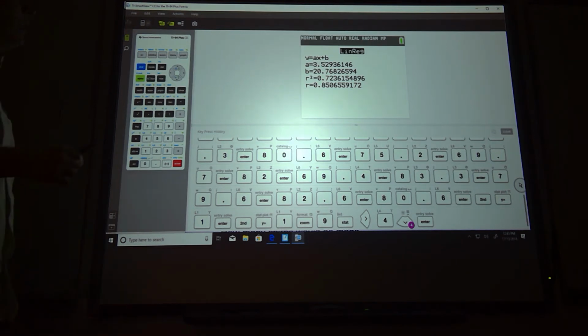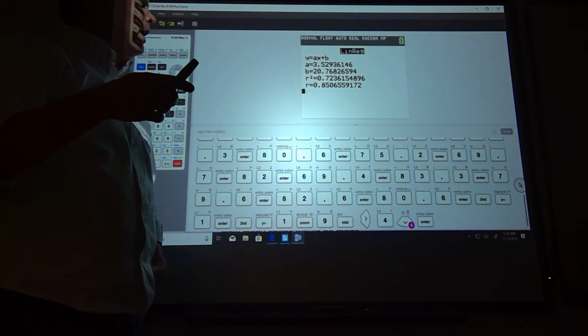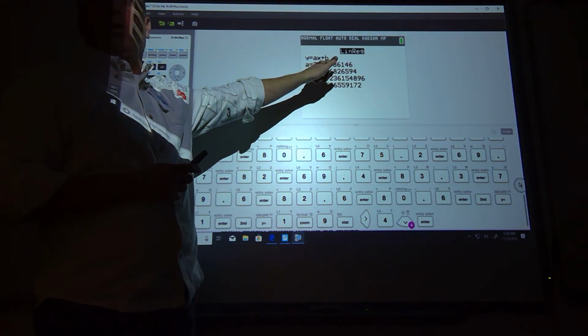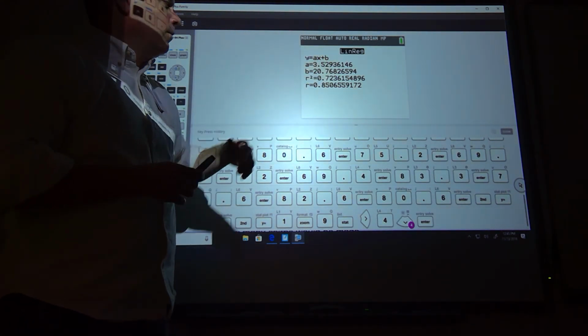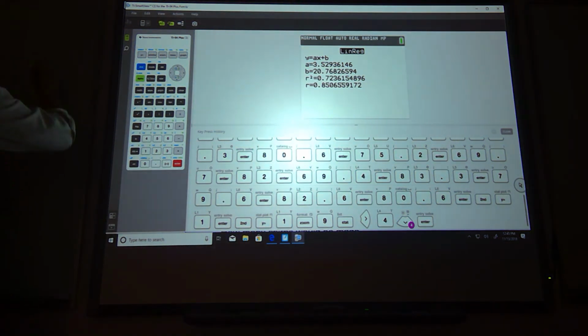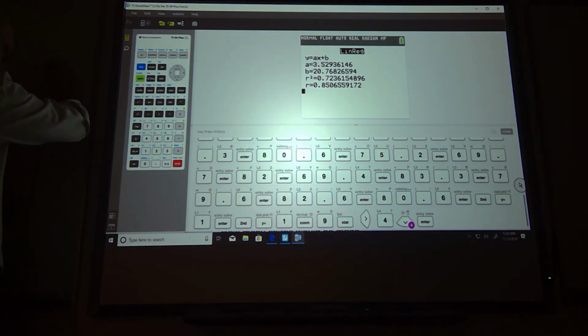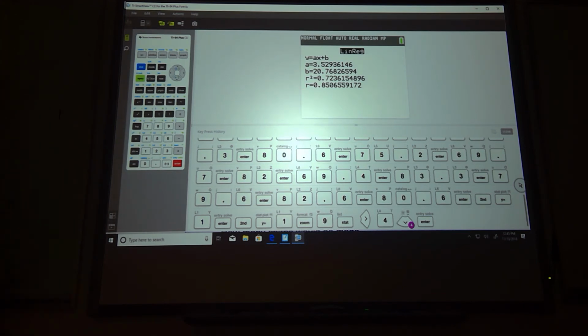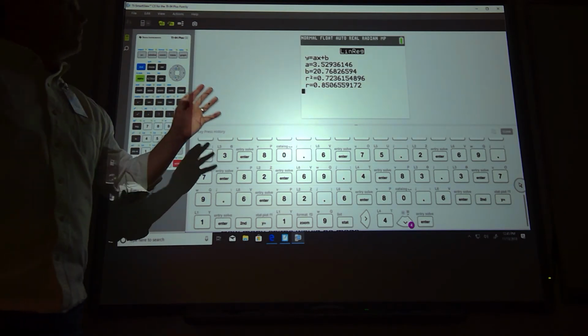Okay, so y equals 3.53x. The a value is my slope. Still with me? All right, so I'm going to write that up here. Y equals 3.53x plus 20.76. And I have an R value of 0.85. All right, eyes up here.